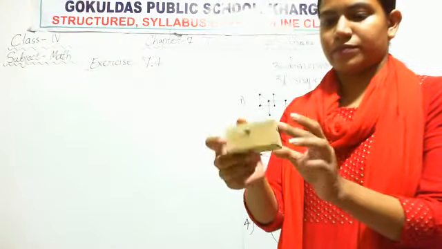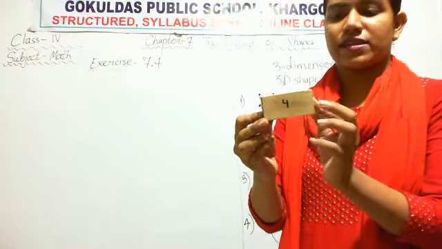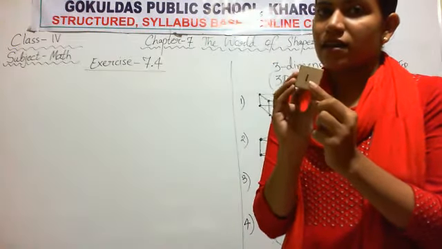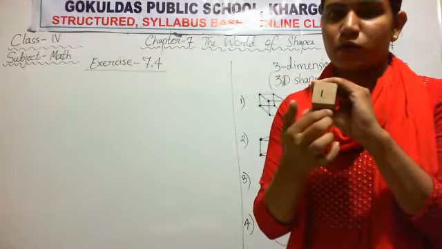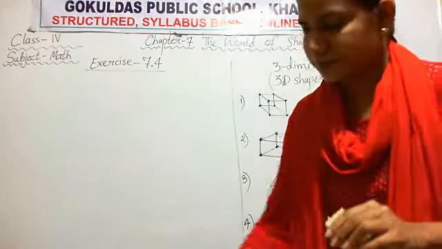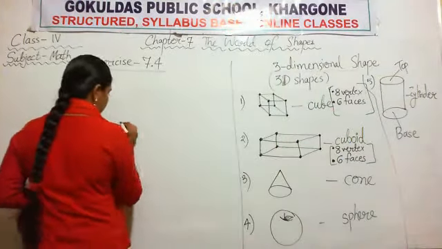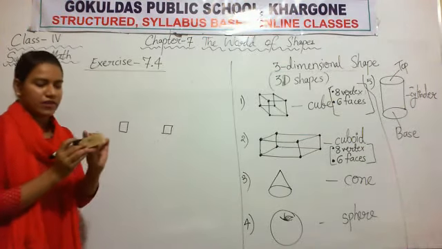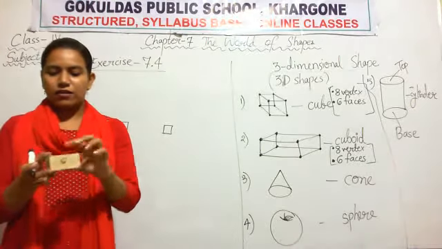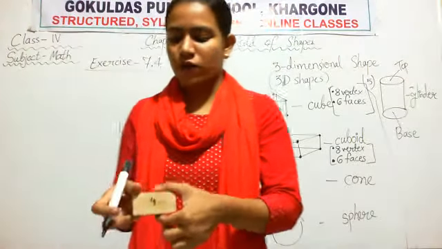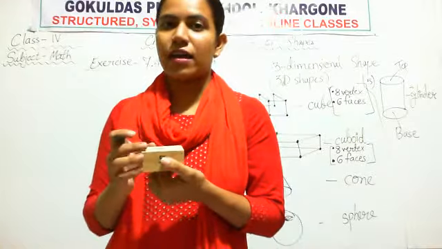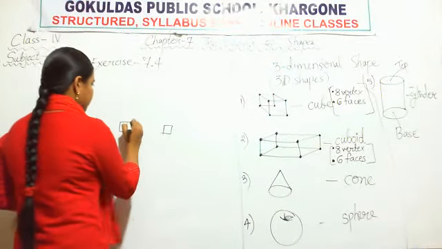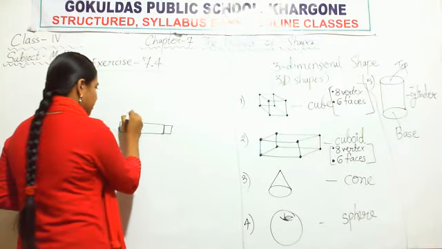observe it carefully. Its first 2 faces are square in shape. And the 3rd, 4th, 5th and 6th, 4 faces are rectangular in shape. Like this.